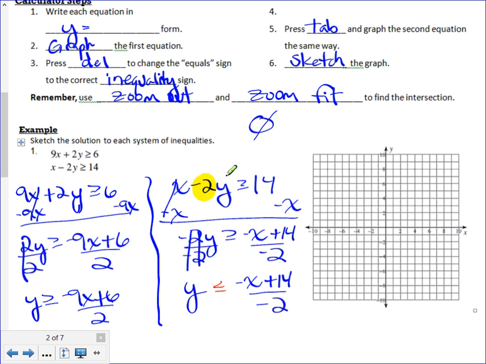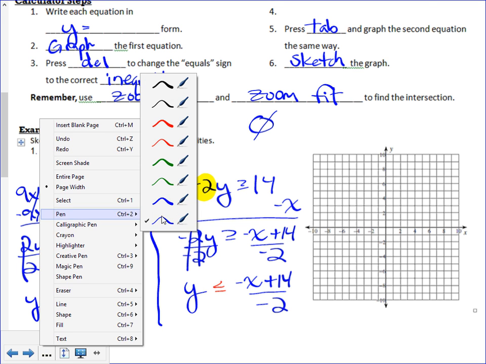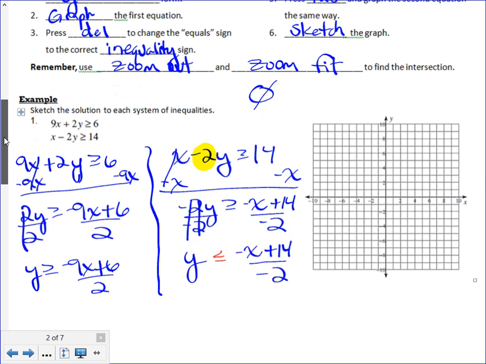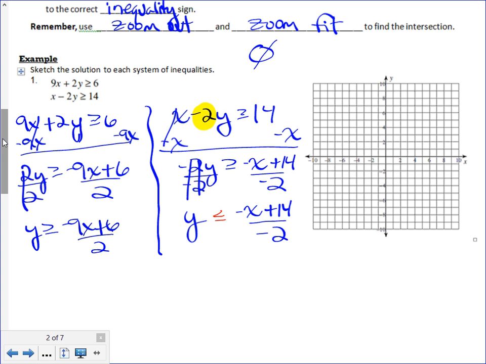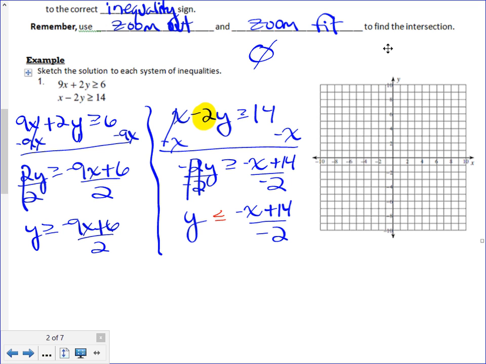Check that coefficient of y, and that'll tell you pretty much whether or not you're going to flip the sign. You can look at every one of these and know right away, am I going to flip? I pretty much guarantee that on the EOC question you'll have to flip one of them. That's what they're going to try to assess, whether or not you know to flip the sign. Okay. Next up, graph.